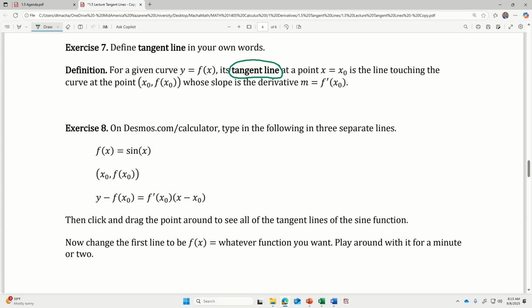So let me show you what the tangent line looks like, because you'll probably recognize it right away. But that's an important definition.